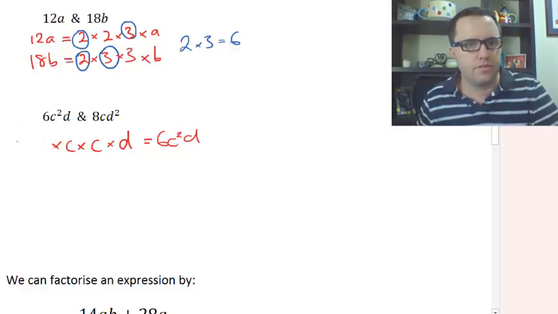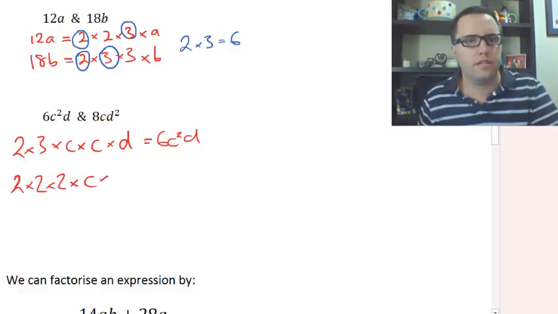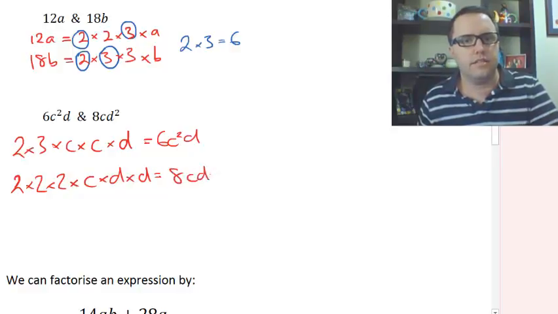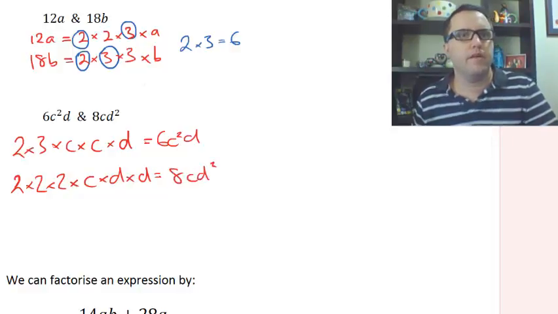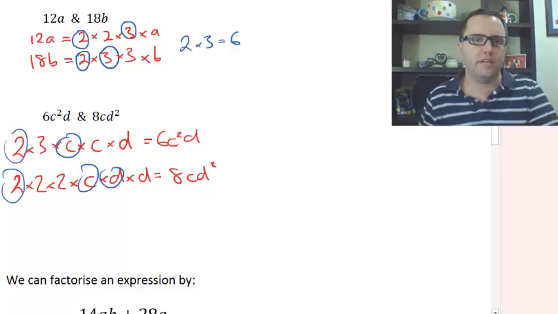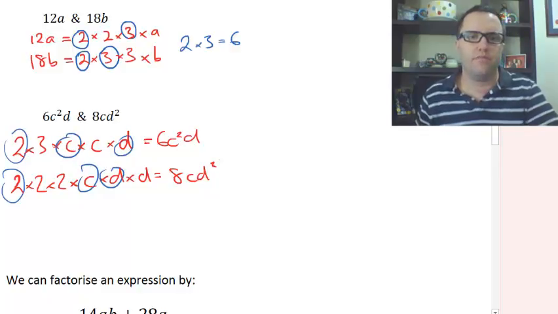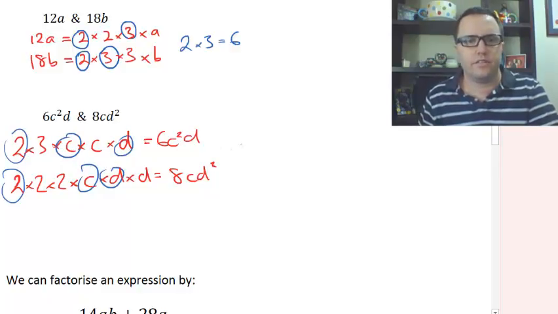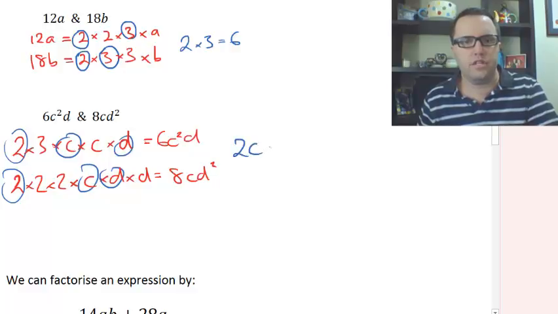So 6c squared d will be 2 times 3 times c times c times d. And 8cd squared will be 2 times 2 times 2 times c times d times d. Okay, right, so our common factors, we've got a 2, we've got a c for each and a d for each. So that means our highest common factor for these two is going to be 2cd.